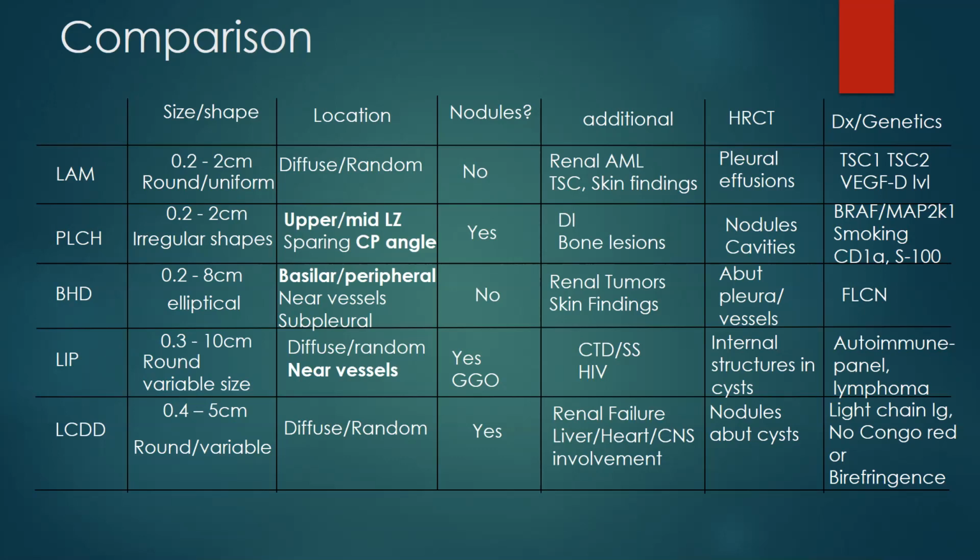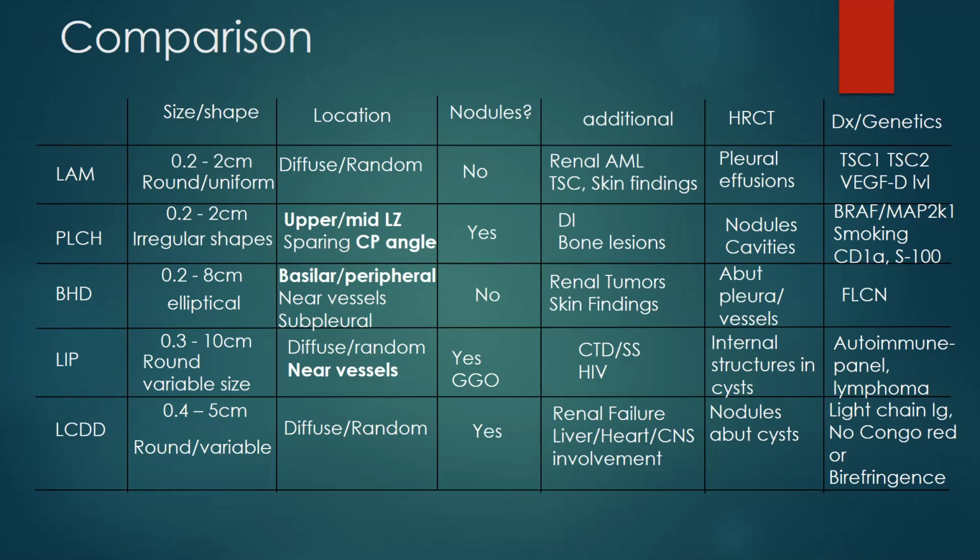In terms of PLCH, it's seen in the upper lung zones with sparing of the costophrenic angles. Then LIP is near vessels and has internal structures. And then Birt-Hogg-Dubé is in the inferior aspect in the subpleural spaces. Also, a good thing to know is if there is nodular involvement, that can help differentiate between the different processes.